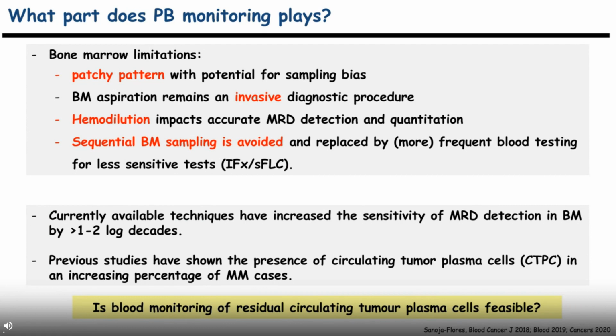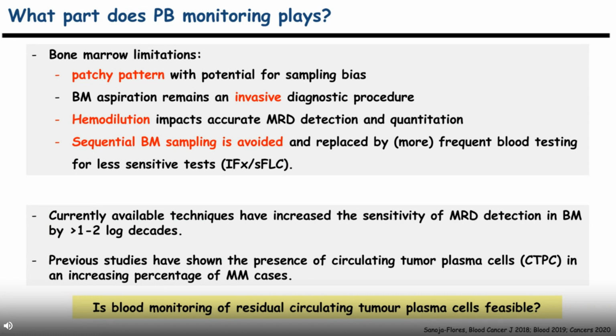However, peripheral blood evaluation can be considered by using techniques with increased sensitivity, and provided that background evidence demonstrates the presence of circulating tumor plasma cells, and this presence yields clinically relevant information.